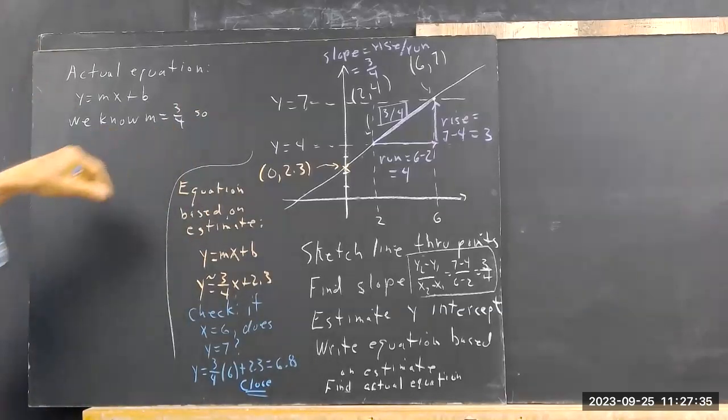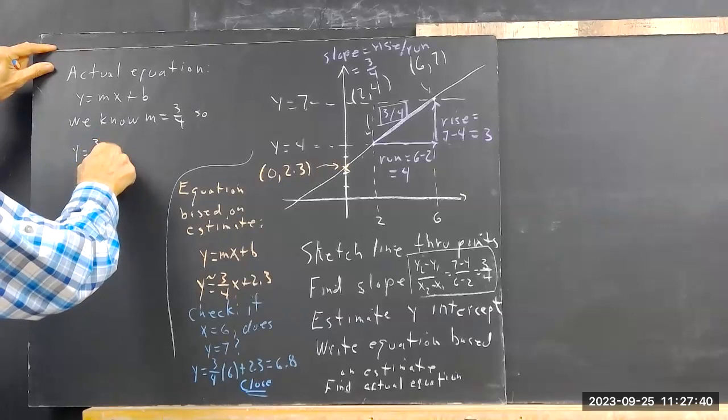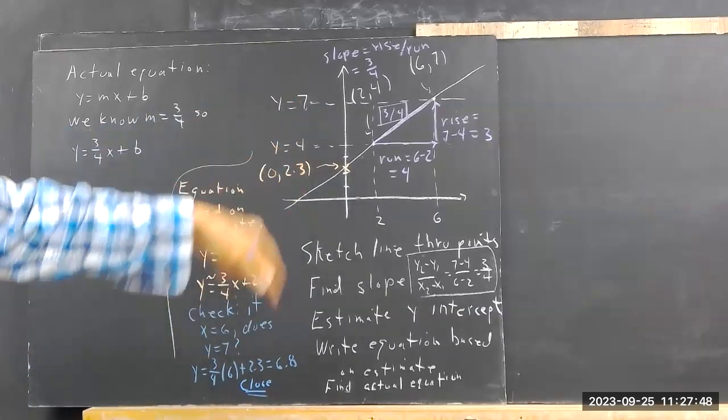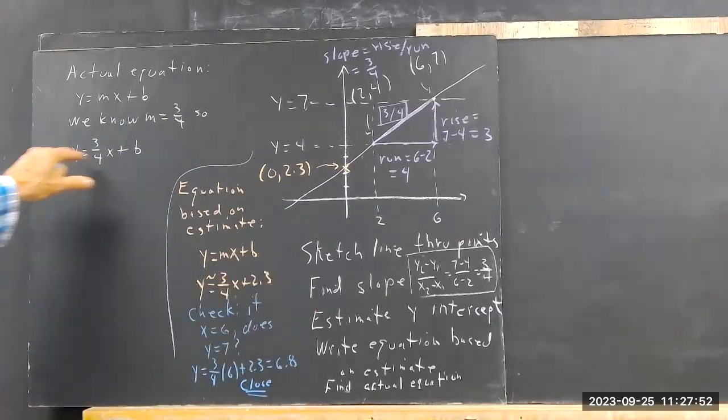Know that m is 3/4, so y equals 3/4 x plus b. And everybody got to this point. Now I kind of intervened because we needed to move on a little bit, but that's very good.